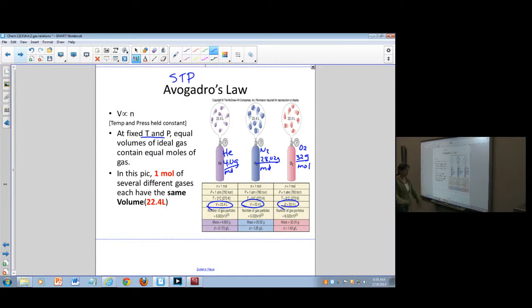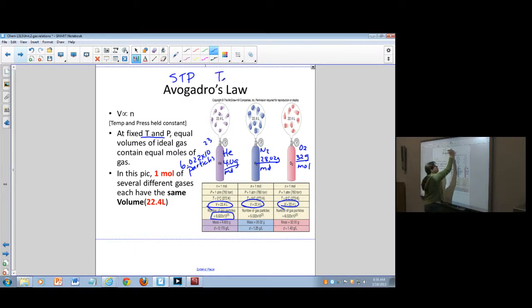Another thing we know, and we're going to care about particles later, is that each one of these has 6.022 times 10 to the 23 particles of gas, whether that is H2 or argon or neon or whatever we're talking about. Every single one of these has the same number of particles. Now what is STP? That's standard temperature and pressure.